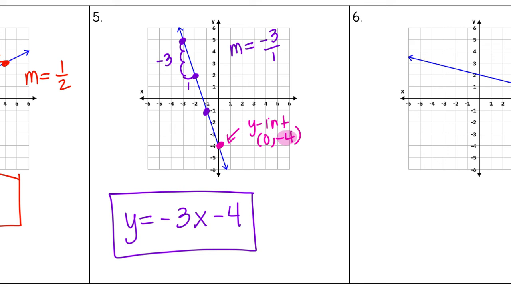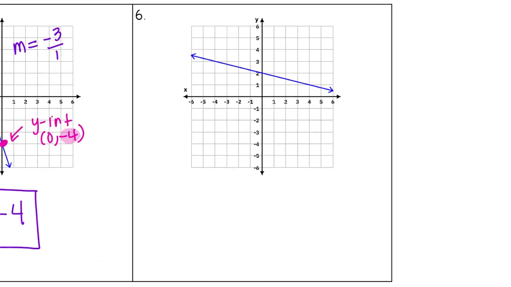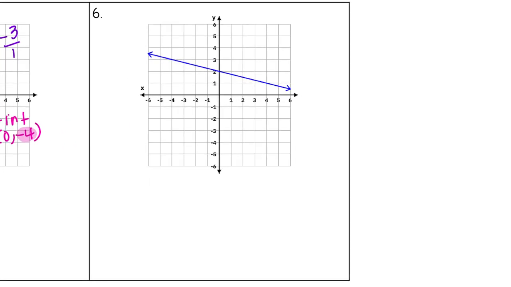Okay, now last example. Let's identify the y-intercept first. It's crossing at +2. We're going to need that 2 later on. Now let's pick at least one more point. If we can find more, that would be better. It looks like I can find 2 other points.